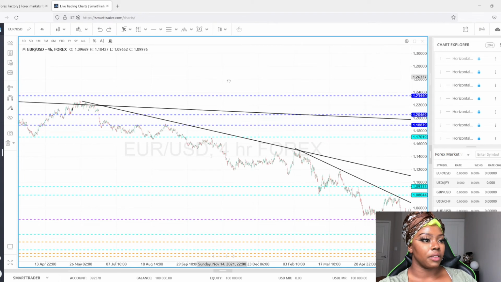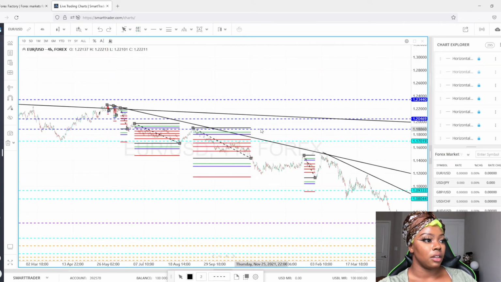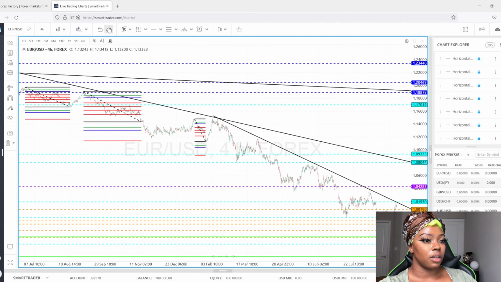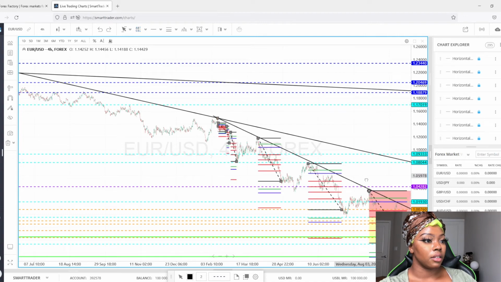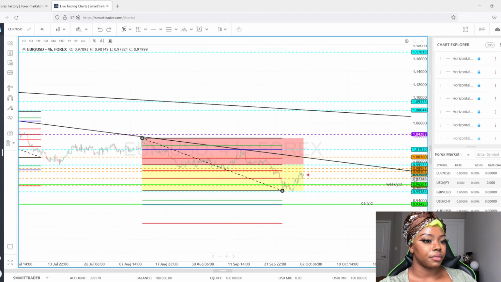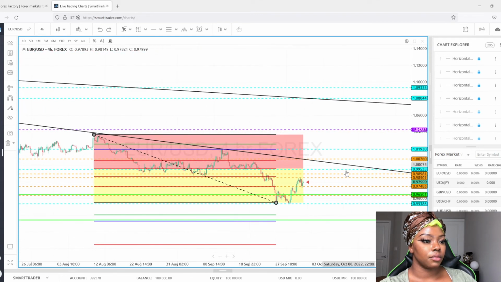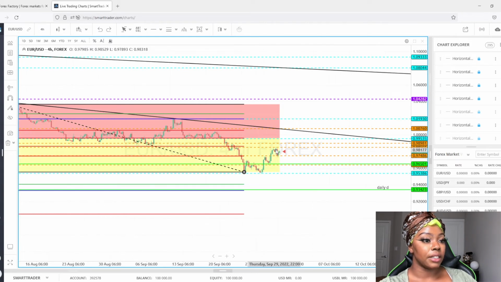And we're gonna take the fib from the same spot. So on that 4-hour time frame, on that A to B move, price is retracing to the 382.